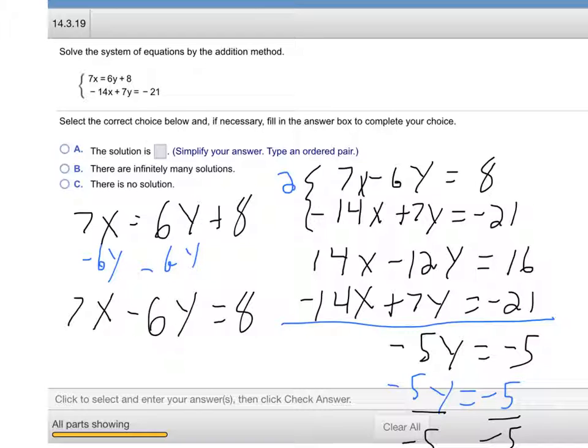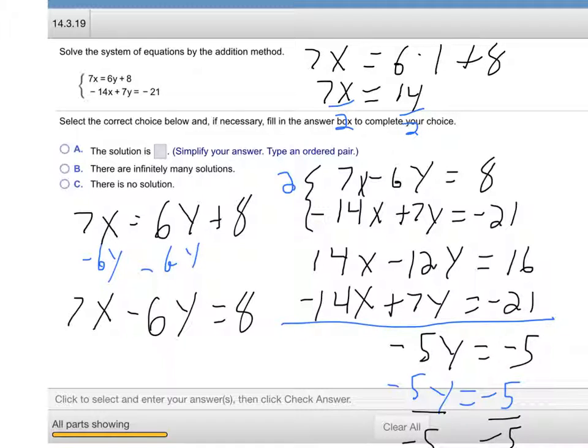And so I'll come over here: 7x equals 6 times 1 plus 8. So 7x would equal 14. Divide both sides by 2, or excuse me, I should divide each side by 7, sorry about that. And then that'll give me x equals 2.